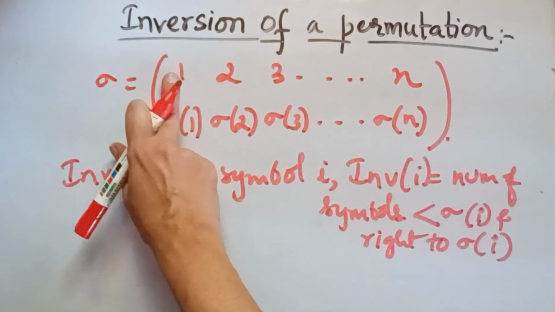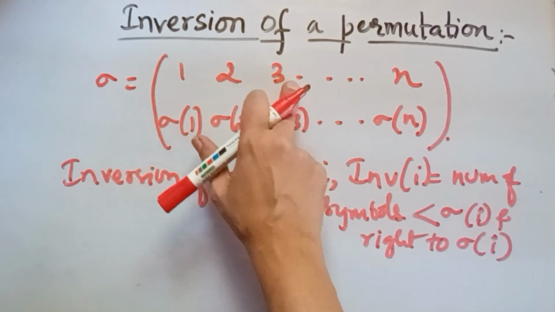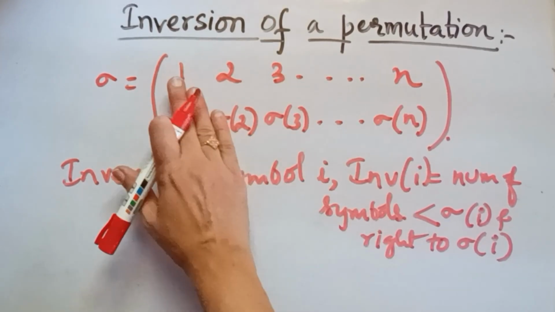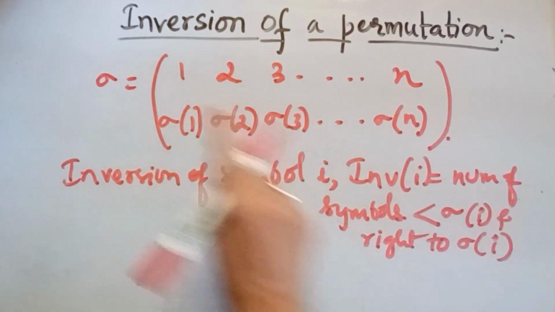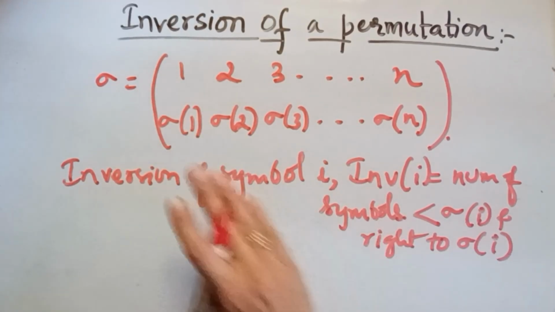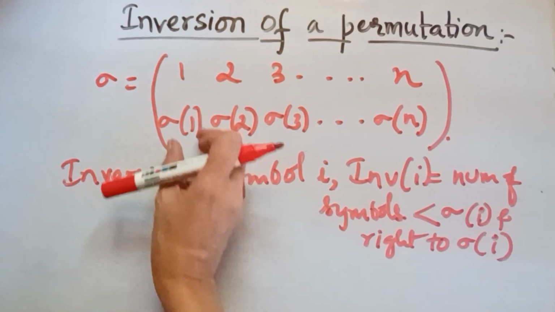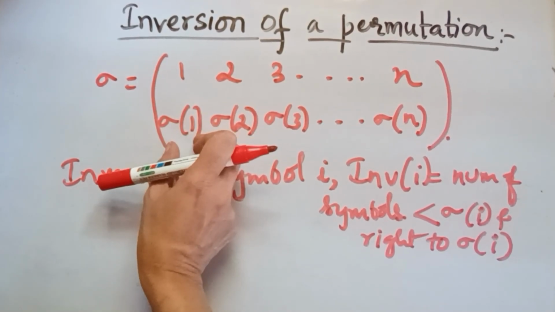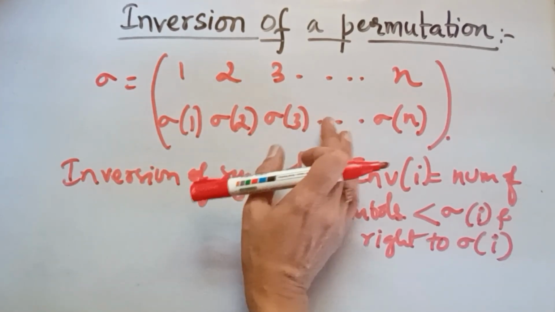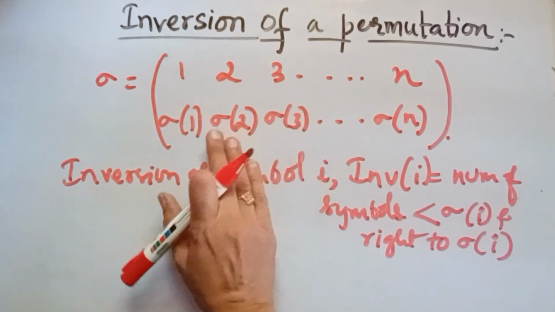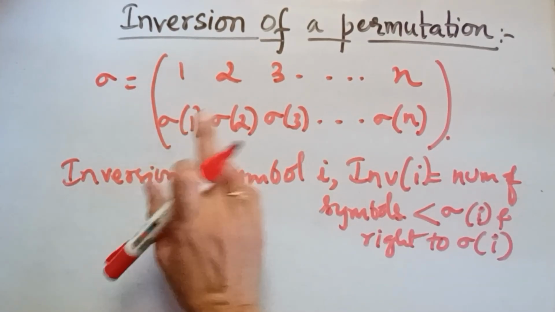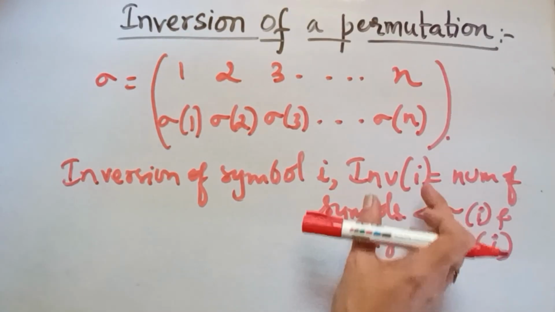See, inversion of 1, inversion of 2, inversion of 3, like that. Inversion of 1 means the number of symbols less than sigma of 1 and which are to the right of sigma of 1. Here, if you have some value, you have to search for all those values to the right of this value which are less than sigma of i. You have to count those values. That gives you inversion of i.